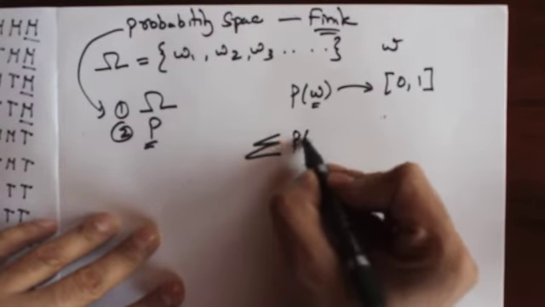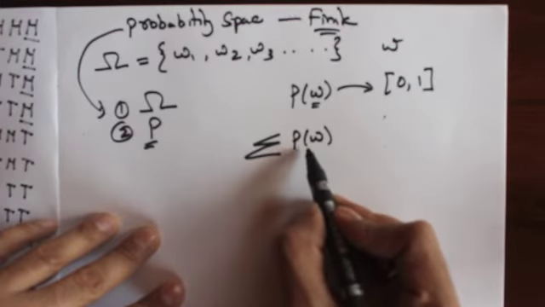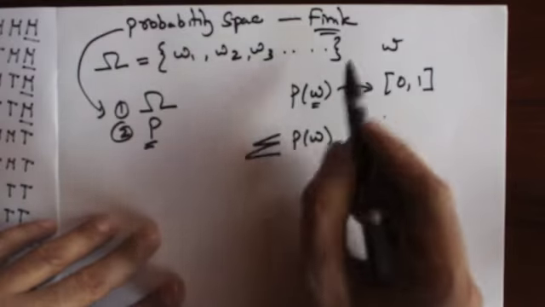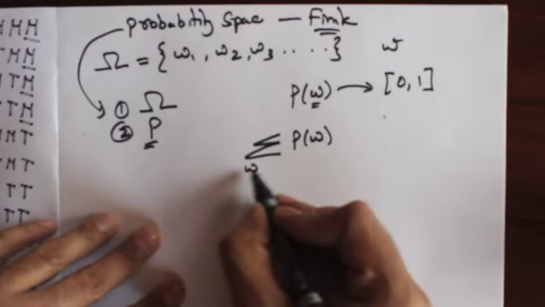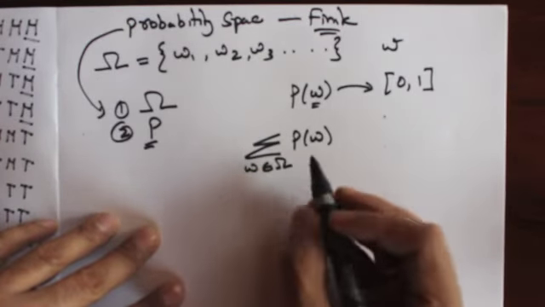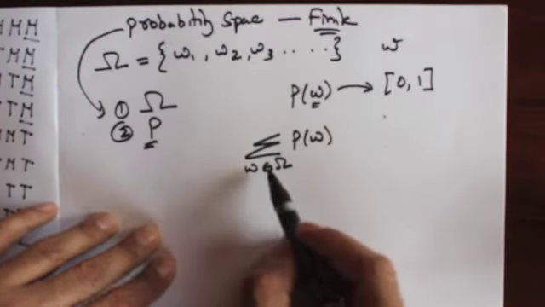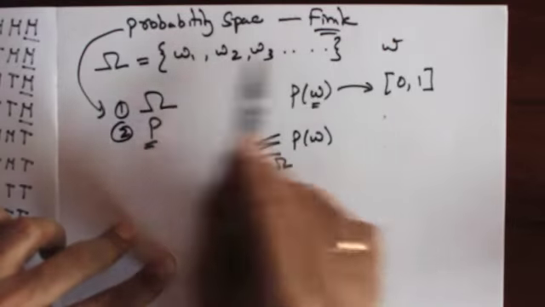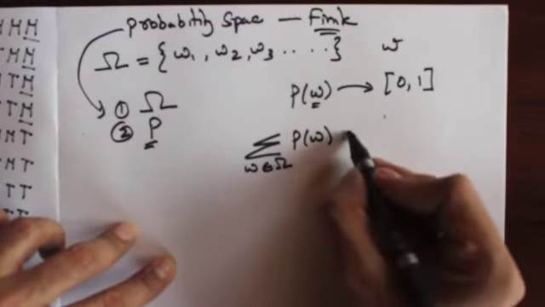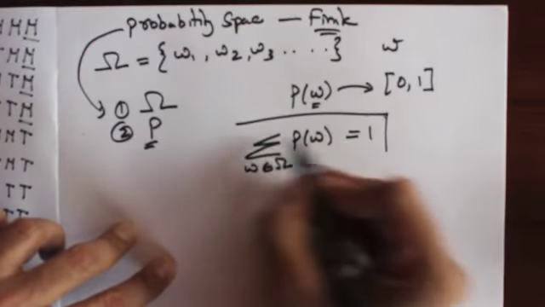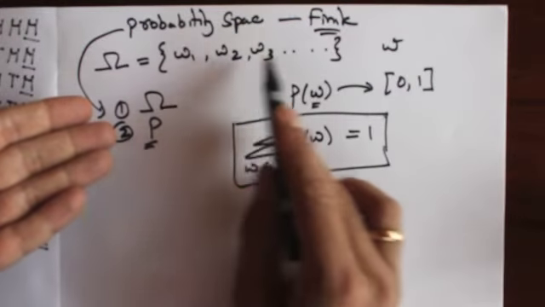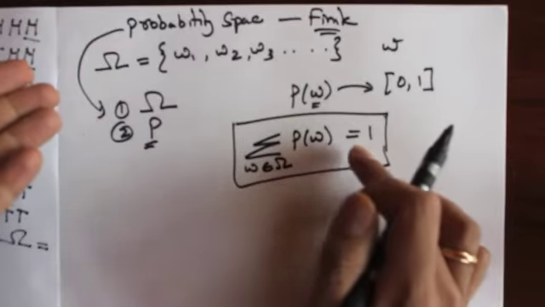If we sum the probabilities of outcomes, where omega ranges over the entire sample space, so we're taking a sum of the probabilities of each and every outcome in our sample space, that should equal 1. In other words, if we sum the probabilities of each individual outcome, that should be equal to 1.